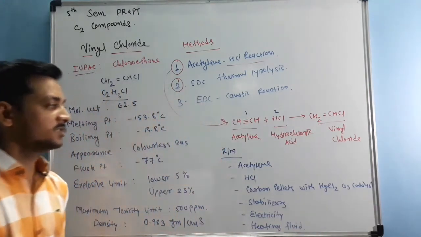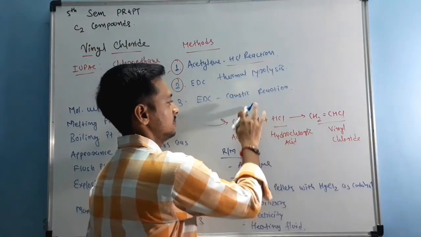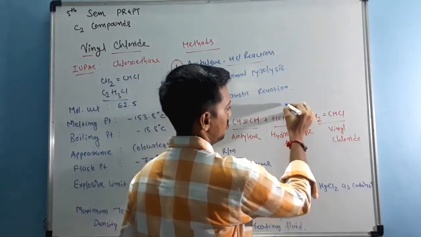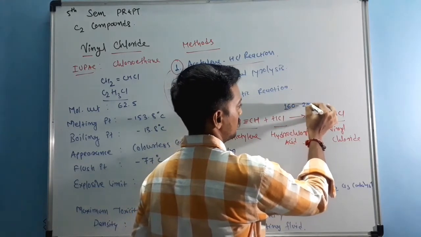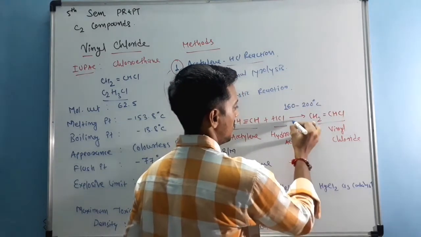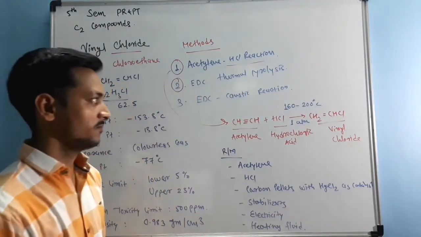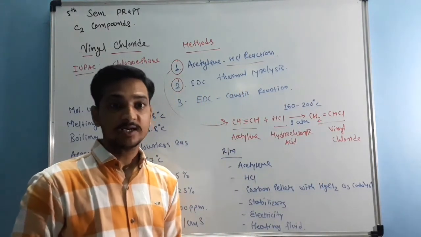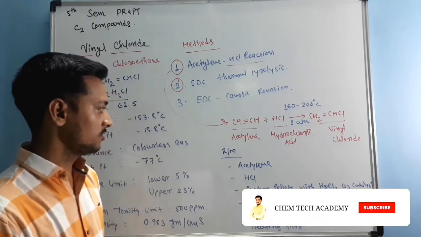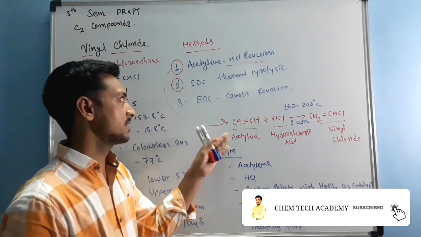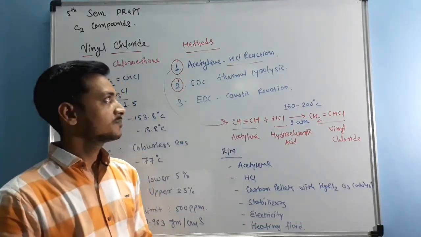So the temperature and pressure of this reaction is almost 160 to 200 degrees Celsius and 1 atm pressure, which is maintained in a catalytic tubular reactor. So these are the raw materials and chemical reaction of the acetylene HCl reaction.